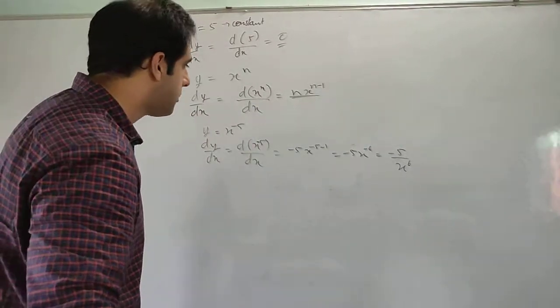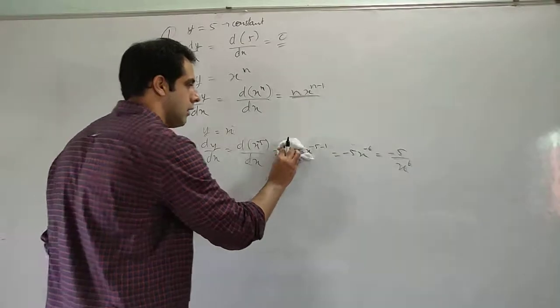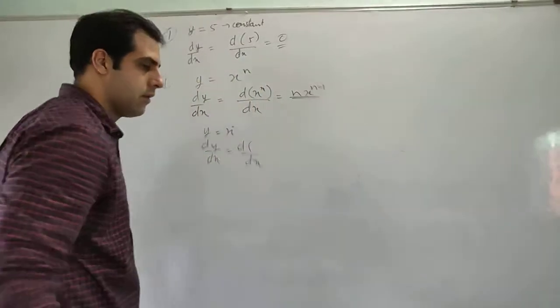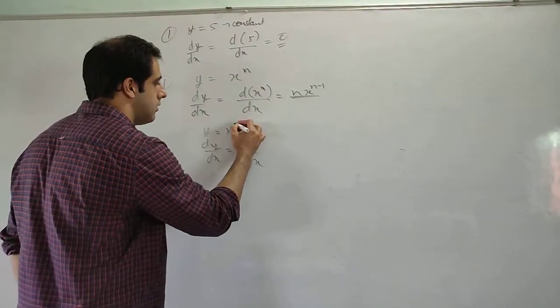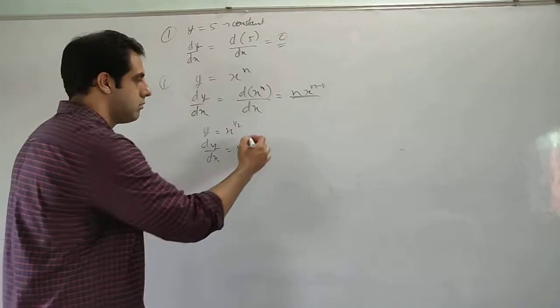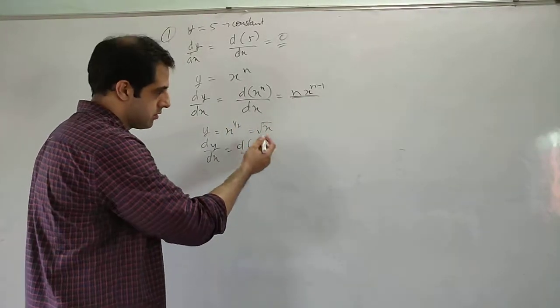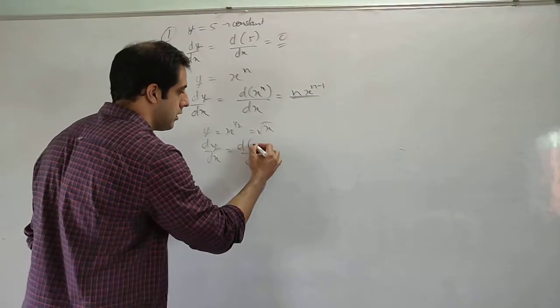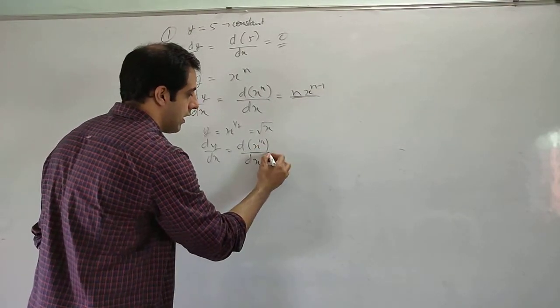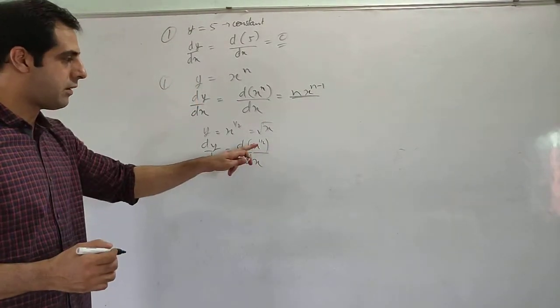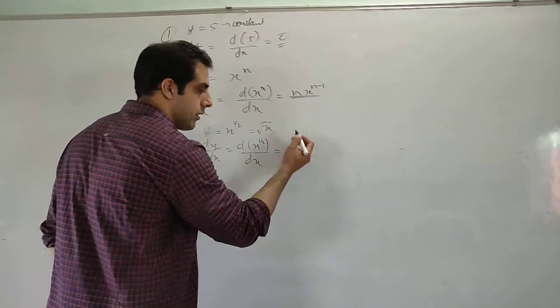Take another example, x to the power 1 by 2, root x. Root x is x to the power 1 by 2. So we are differentiating x to the power 1 by 2 with respect to x. What will happen?